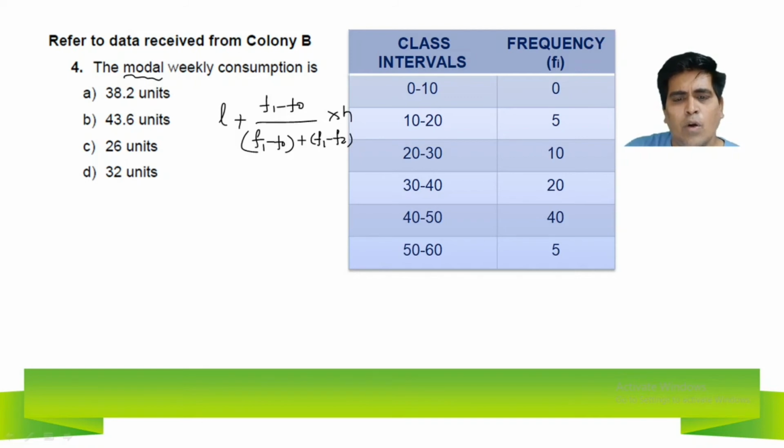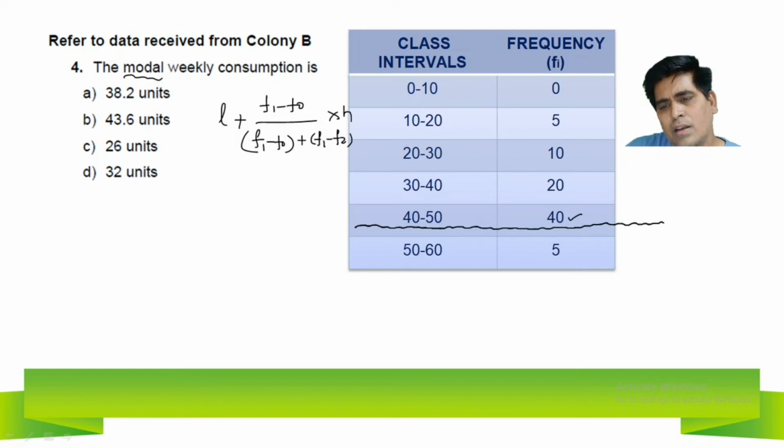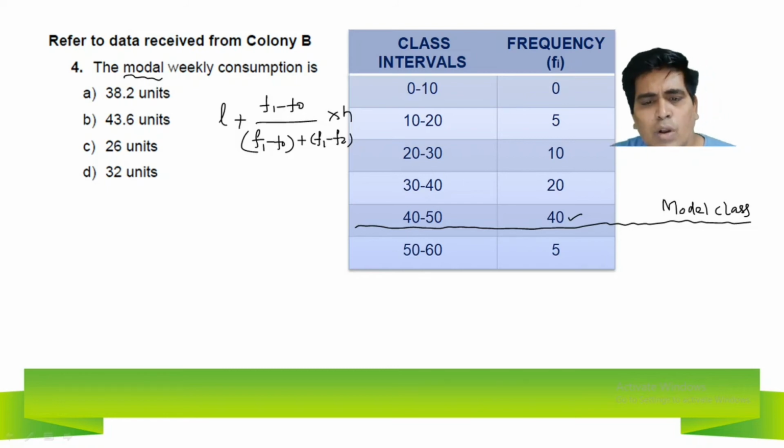So here we have to find the modal class. So the modal class depends on the highest frequency. Here what is the highest frequency? 40 here. So we can declare clearly this is the modal class. In this modal class, we'll get some values here.